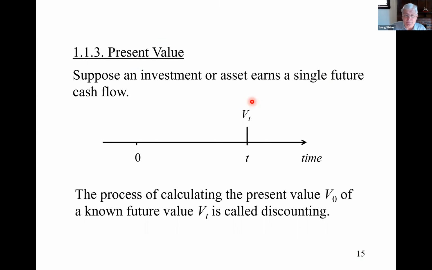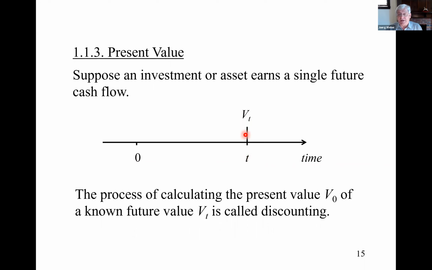Let's now move to the main topic of this lecture, which is present value calculation. Let's look at some asset that earns you just a single future cash flow. So you own some security or some other type of asset at time 0, and at time t in the future, this asset gives you some return.